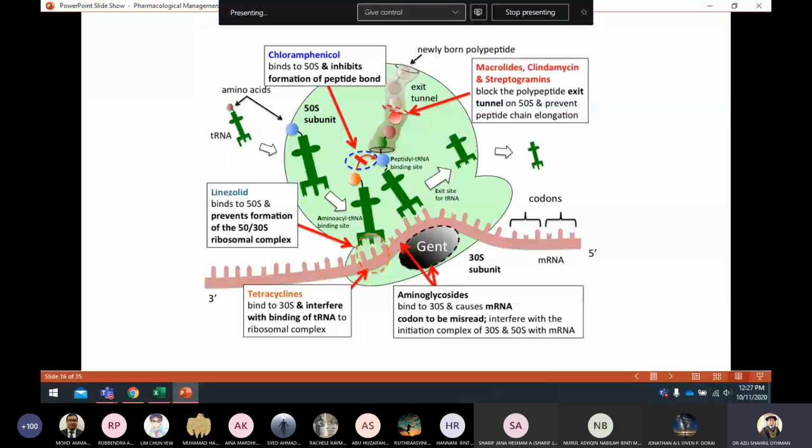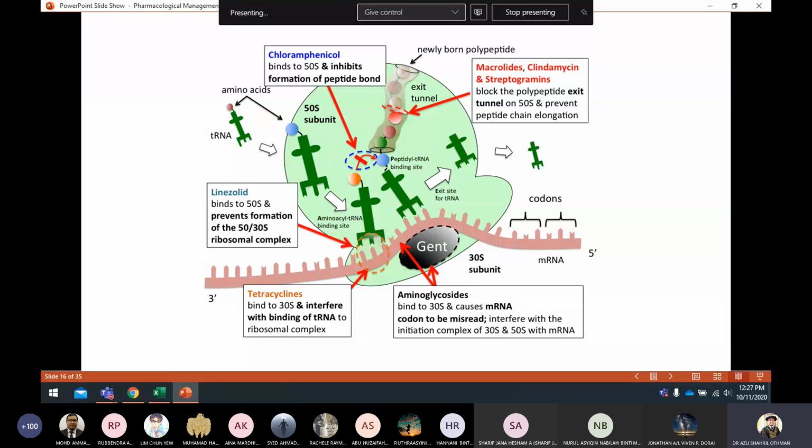So there will be slight allowances for differences in the mechanisms of action.